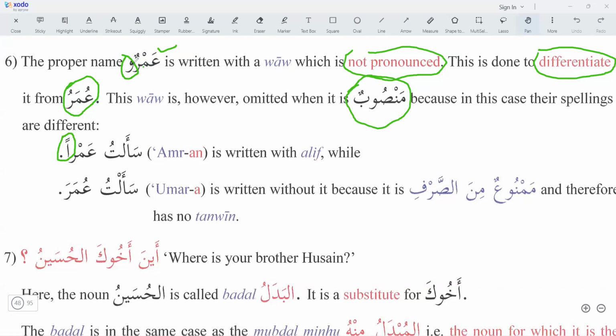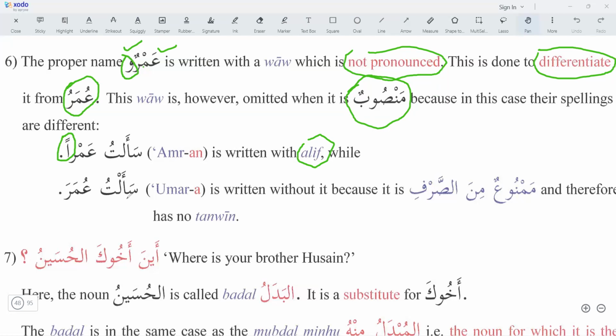So when amrun is in nominative case, marfu, it will be amrun with an extra waw. And when it is mansub, it will be amran. It will take alif. Sa'altu amran, I ask Amr. Amran is written with the alif.